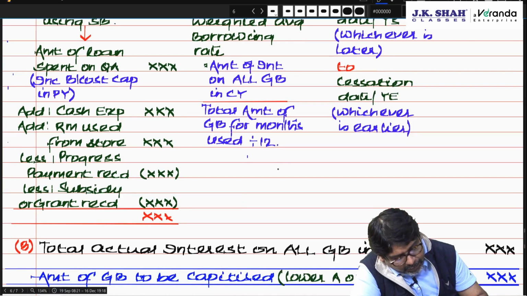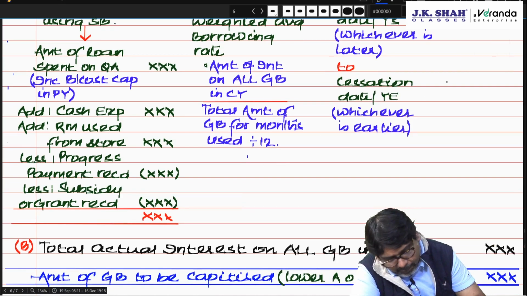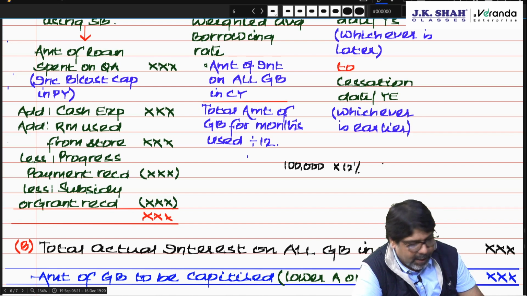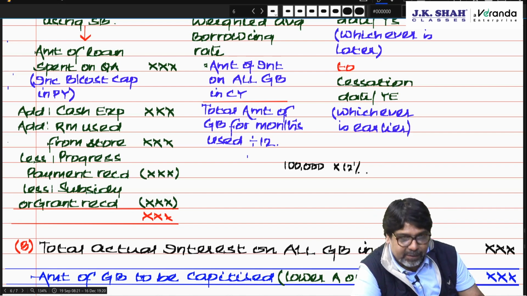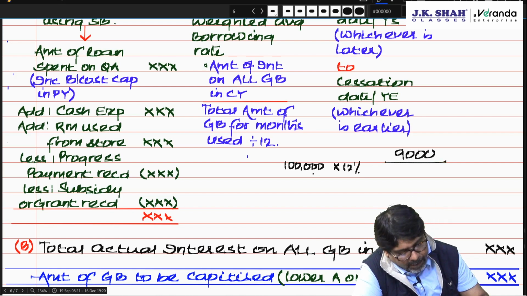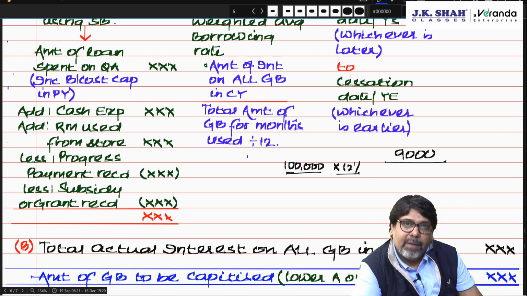Suppose general borrowings is 1 lakh. Rate of interest is 12%. You have used this for 9 months only. So in the numerator you will take 9 months' interest, 9,000. 1 lakh into 12% is 12,000 for the whole year.